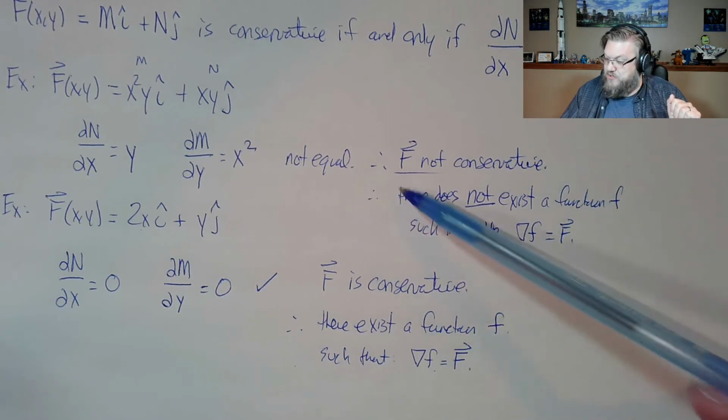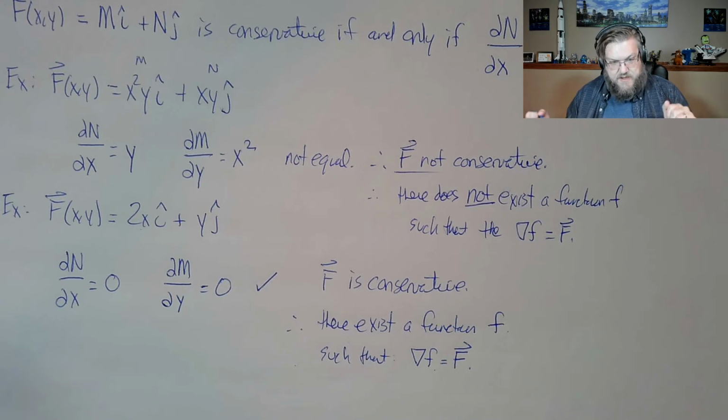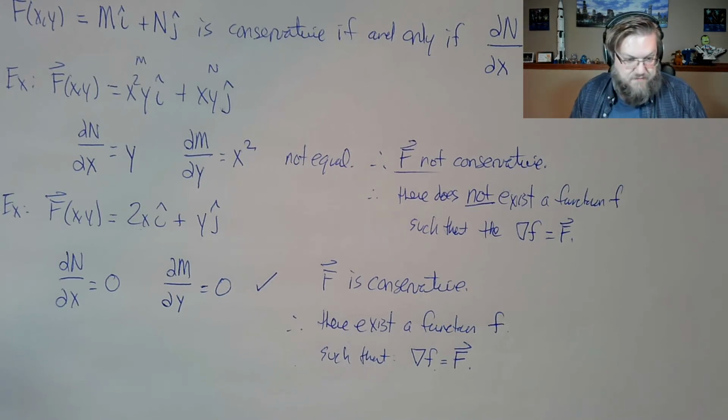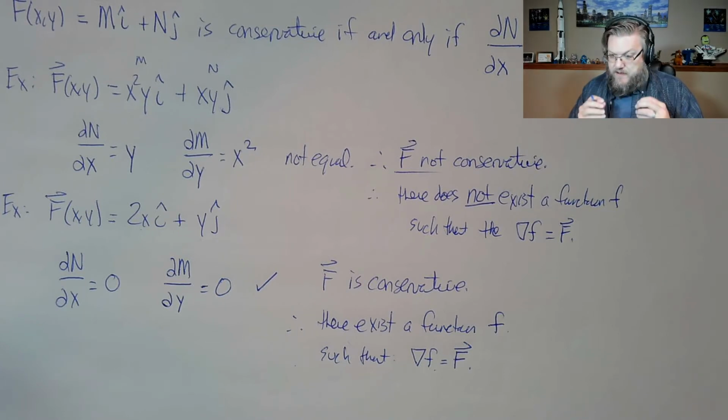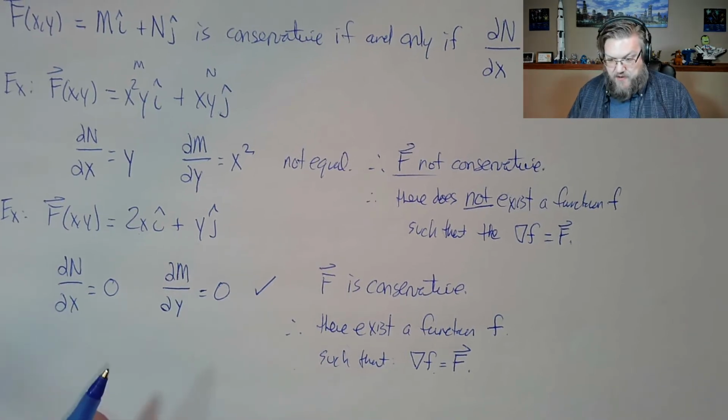See that? So there's certain fields that work very nicely mathematically, and there's others that are not so nice. We group these all together into conservative and non-conservative. Okay, awesome. Let's get into the problem of finding little f if it exists, unless there's any questions before I move on.